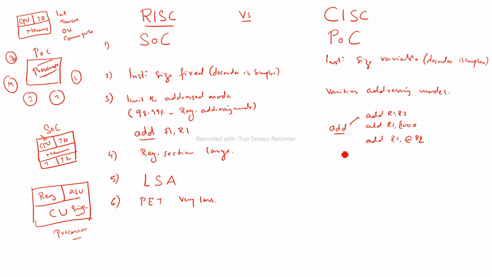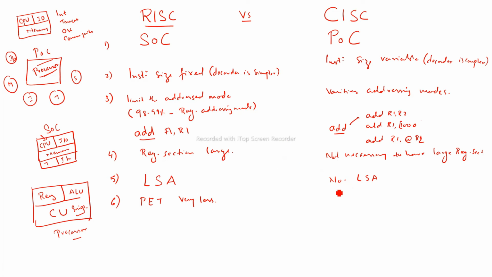And since the data resides in the memory, and you have only a few registers in the processor, it is not necessary to have a large register section, and no need of load store architecture, because through the instructions themselves we can directly manipulate the contents of the operands that reside in the memory.